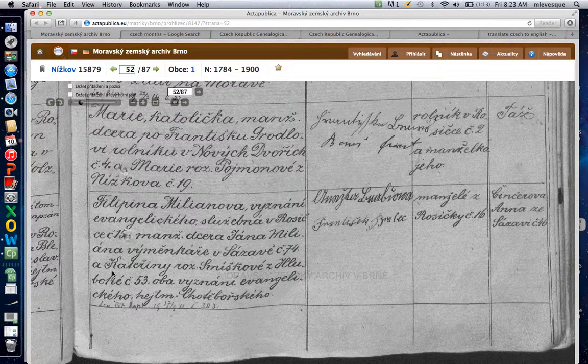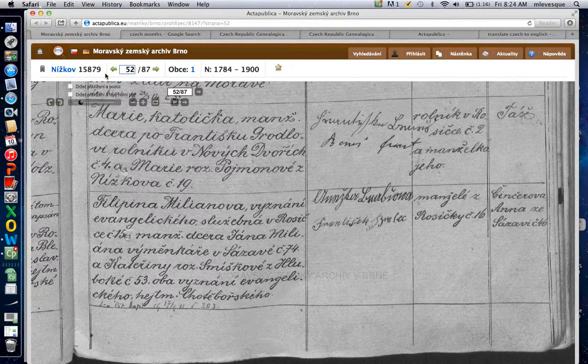I have to do a little research. Number 74, and she's the legitimate daughter of Katarzyny Smishkovia, but I think that's Smishek. And this is their house, and they're both evangelical in Göteborg, which is another city.